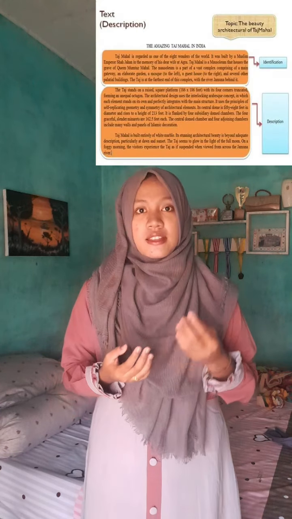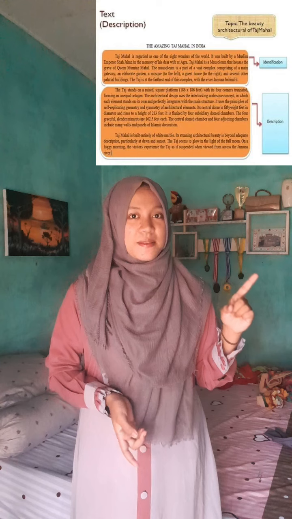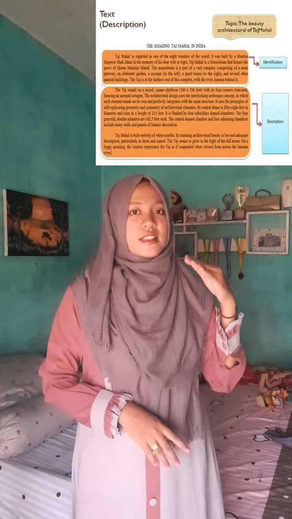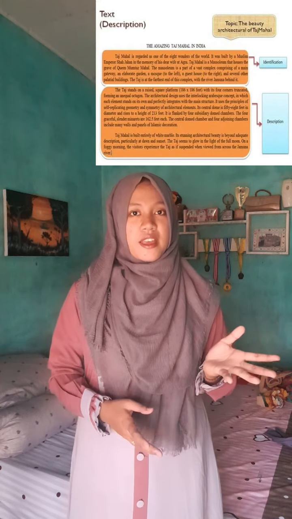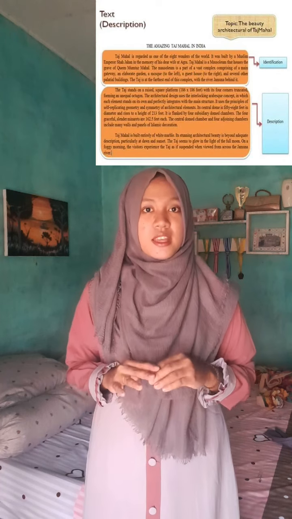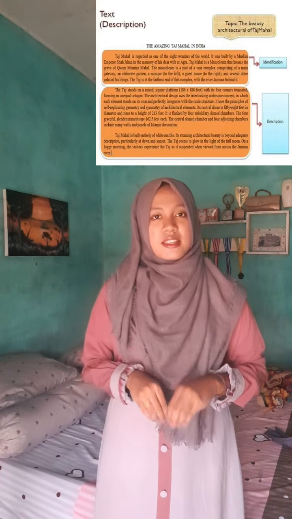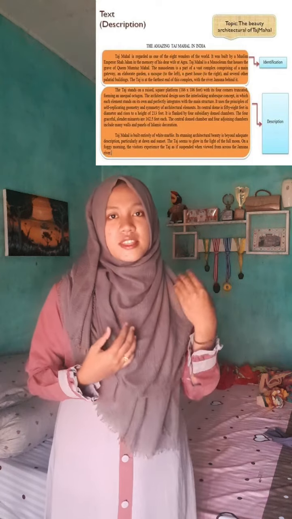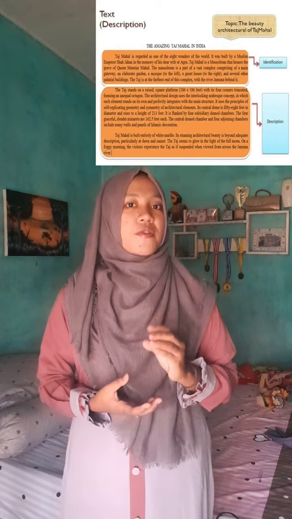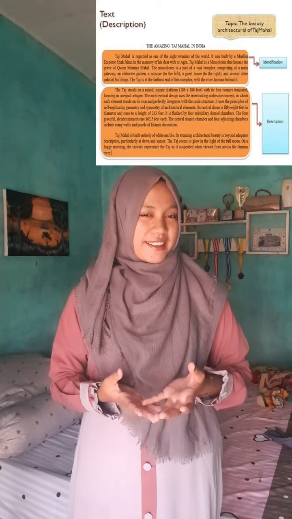Okay, based on what I have explained earlier, I can identify this text. This text is about the Taj Mahal. The first is the opening paragraph, which contains information on the object in question. This is about the Taj Mahal, recognized as one of the seven wonders of the world.